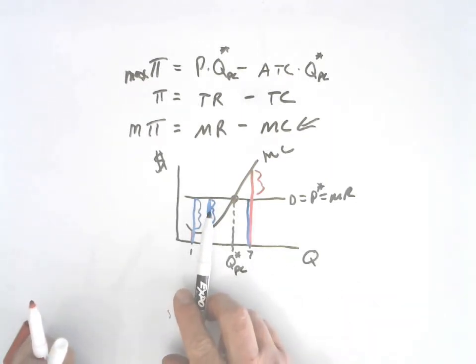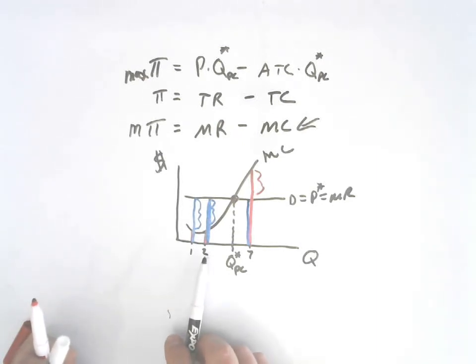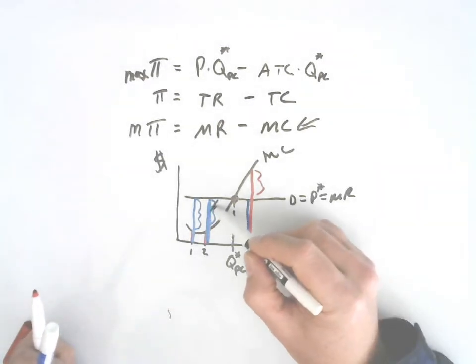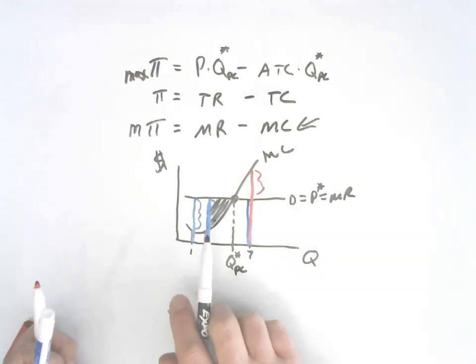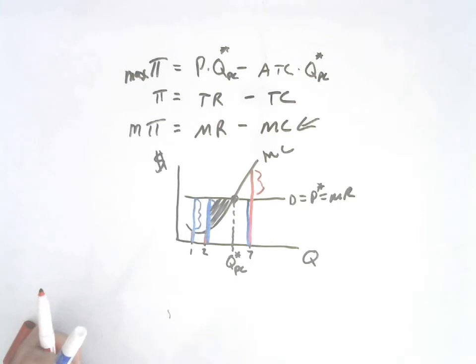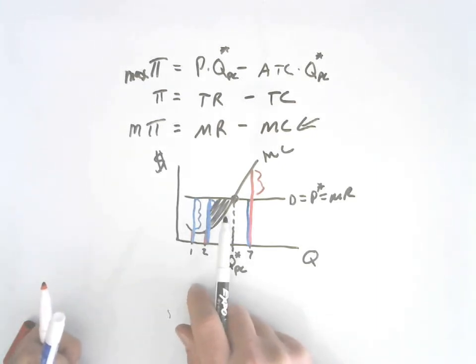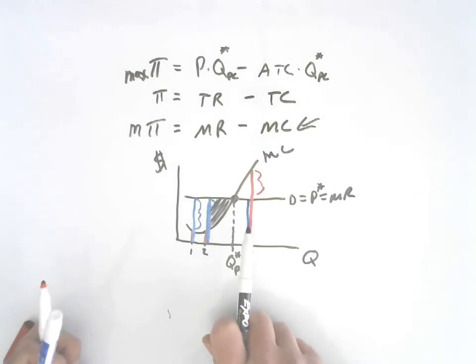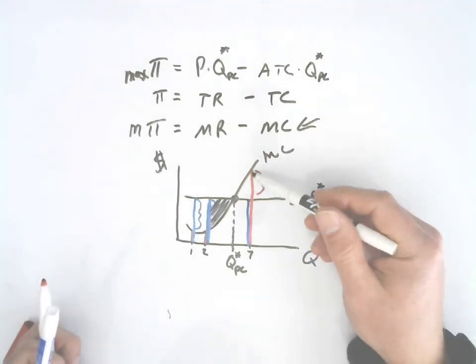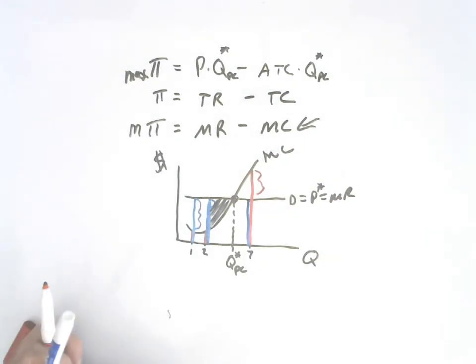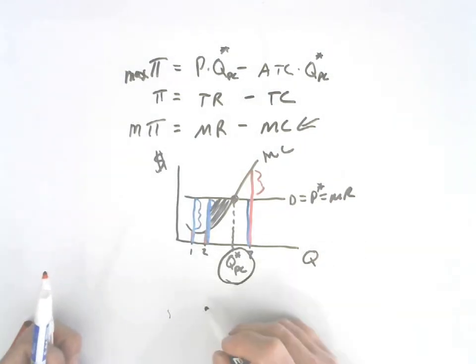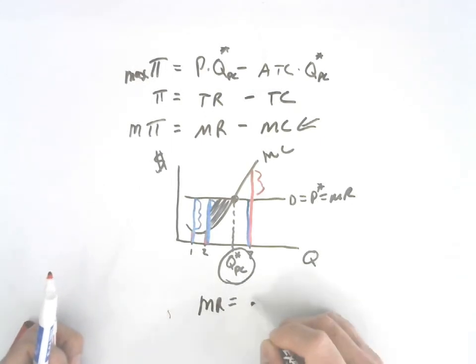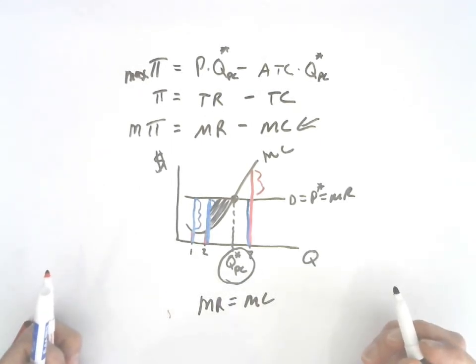If they stop short of that, say at the 2nd unit, then they're leaving profit on the table because marginal profit is still positive. They can produce 1 more unit and absorb more marginal profit, increasing their total profits. If they produce past that, they're subtracting from their total profits because marginal profit is negative. So the optimal profit maximizing output level is where marginal revenue equals marginal cost.